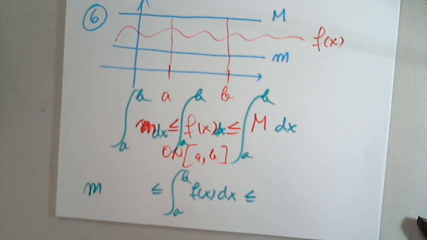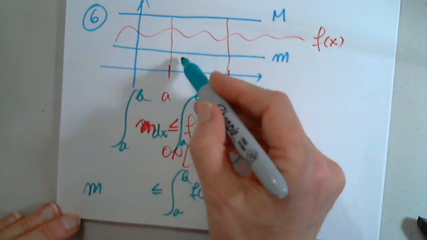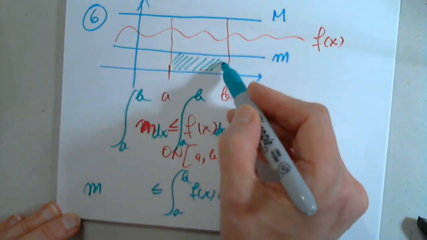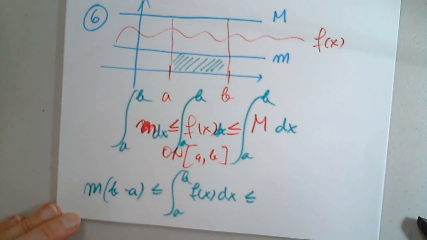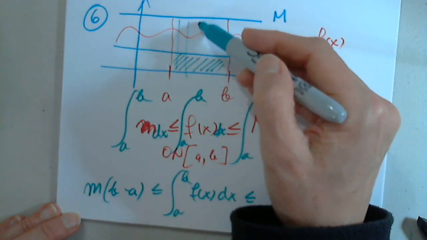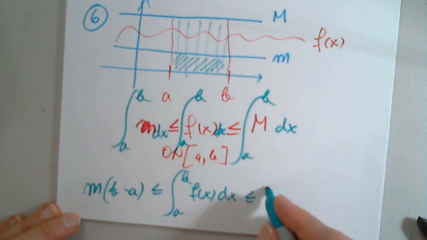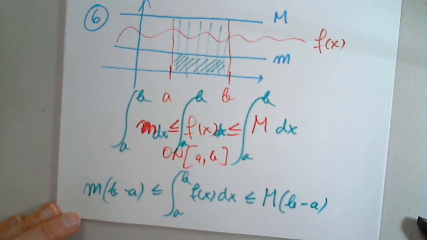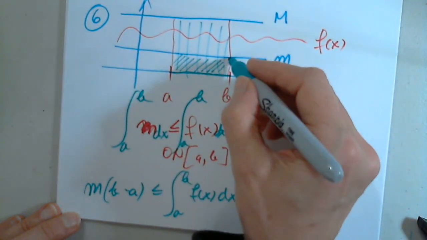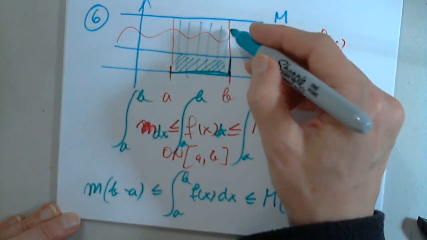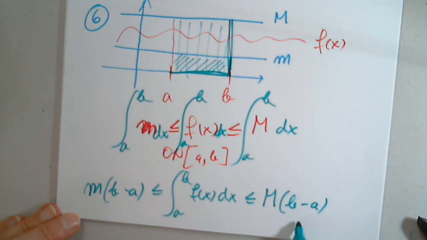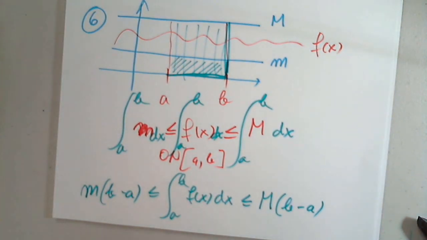Or you can say, I don't need the antiderivative, because I can determine this area is m times b minus a. And so is this. Of course, it's uppercase M times b minus a. Base times height. So that's another property of the definite integral.